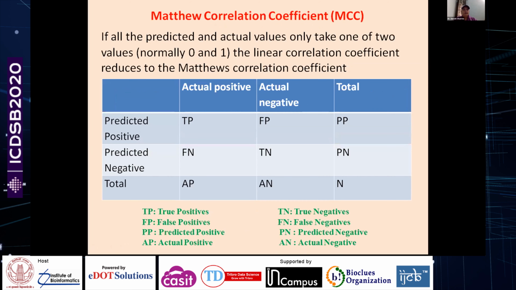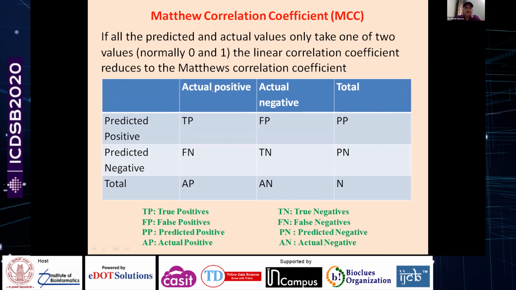Okay, and one of the important correlations is called the Matthews correlation coefficient. Now, what is the Matthews correlation coefficient? It is based on very important criteria called sensitivity and specificity. If you look at this table, these are the actual positives, these are actual negatives, and these are predicted positive by the test and predicted negative by the test.